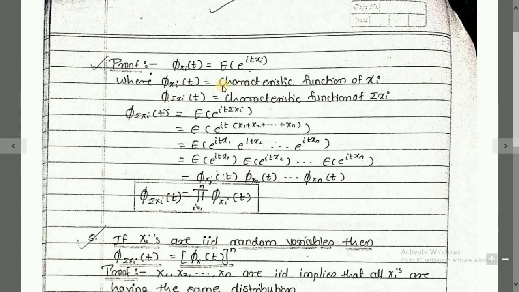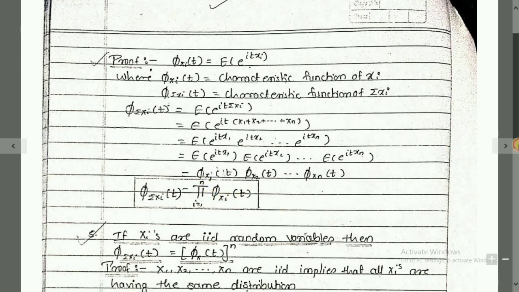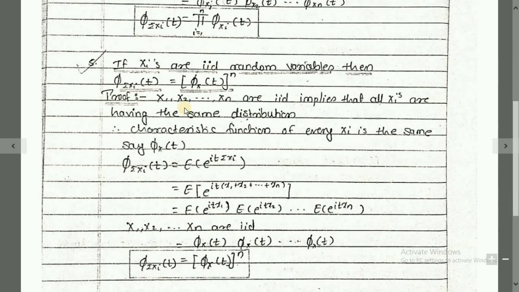You don't have to do the proof, just remember the result. If Xi's are IID random variables, then this result can be expressed as phi X of t whole raised to n, because all Xi have the same distribution and the same characteristic function.